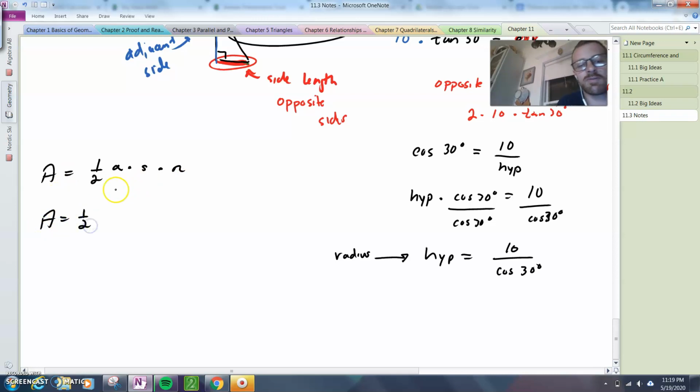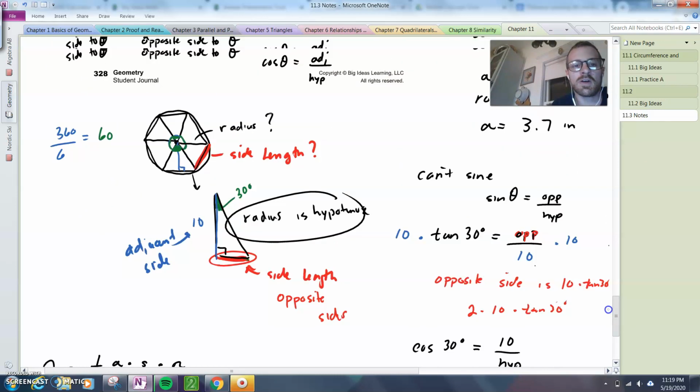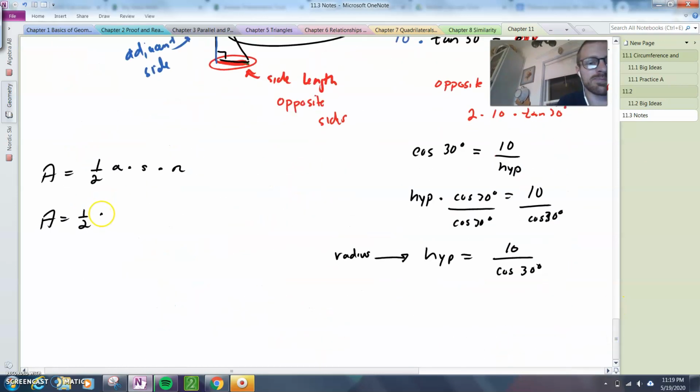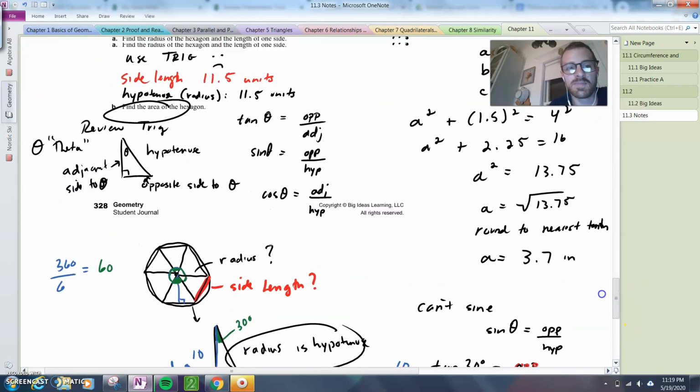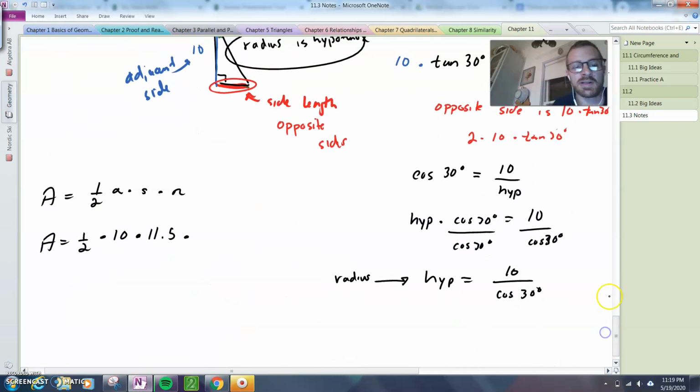So we have half. We found the apothem to be, we go back up, we were given that was 10. What was the side length we found? We found the side length to be 11.5. And then this is a hexagon, so we need to multiply it by 6.